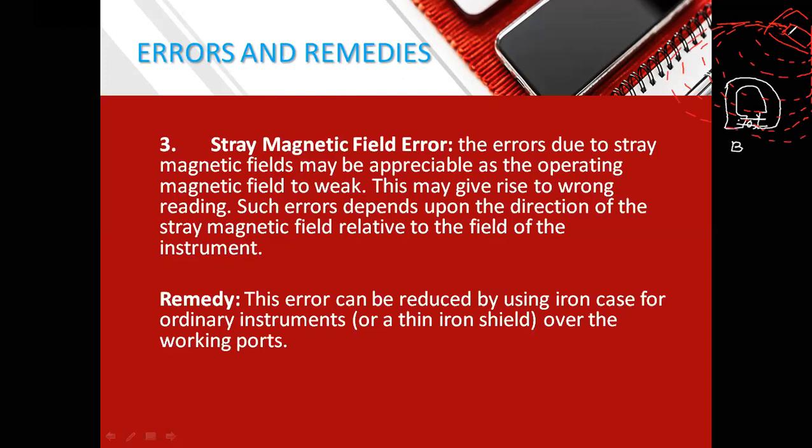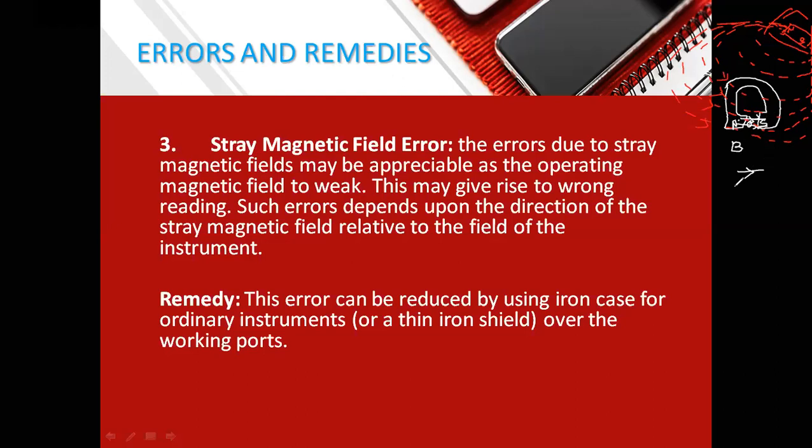So say this is north and south, so your direction is in this way. And here, say this is north and south, our magnetic direction. So magnetic lines of force of permanent magnet inside the instrument is as shown here.